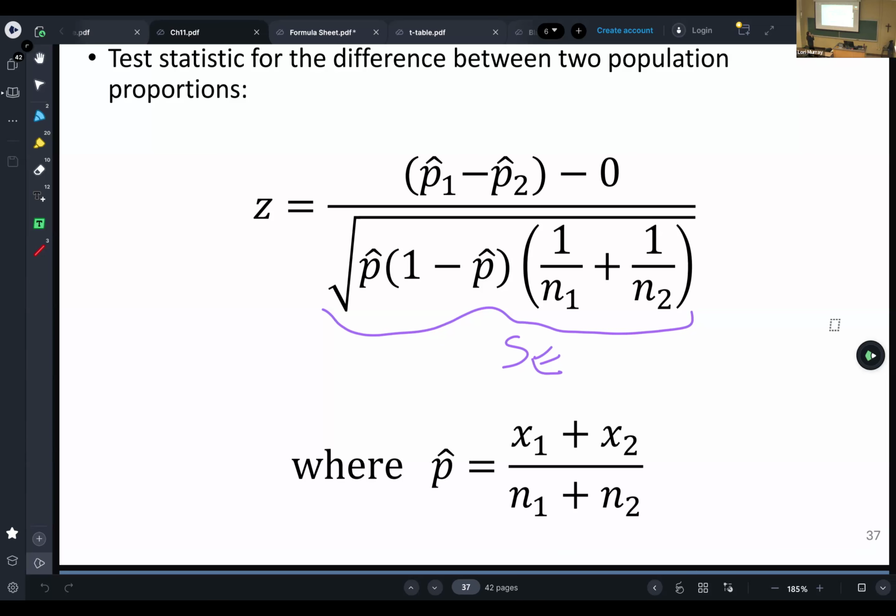So the difference is normally distributed with a mean of p1 hat subtract p2 hat and a standard deviation of the denominator. We call it the standard error, SE, standard error.